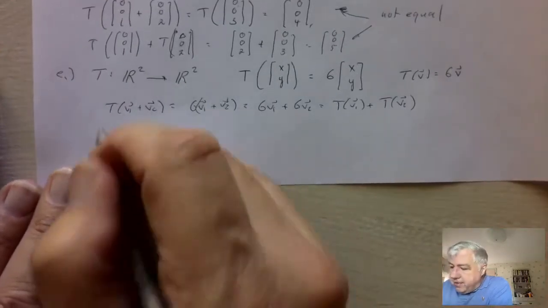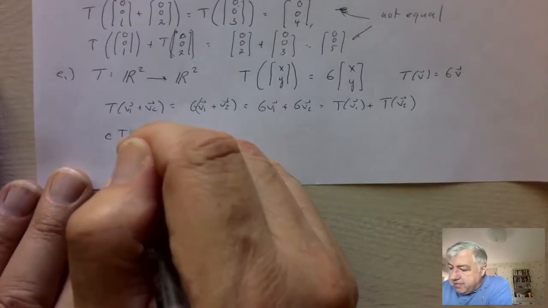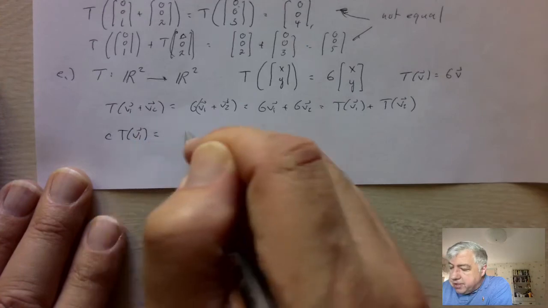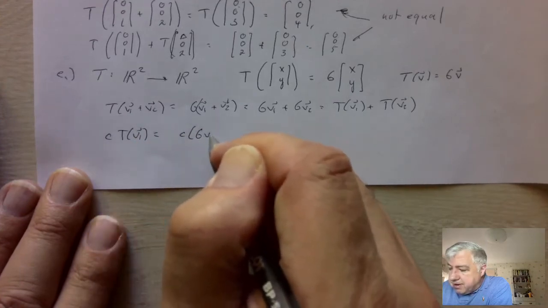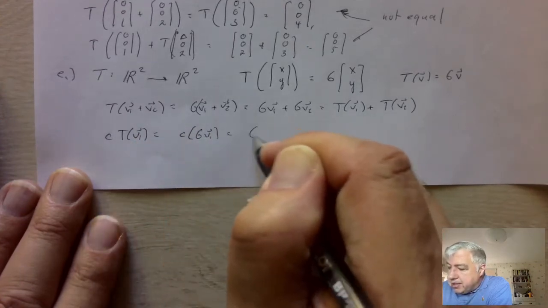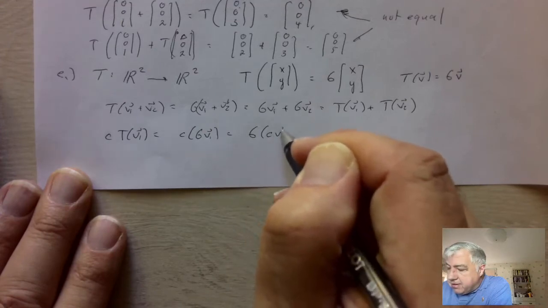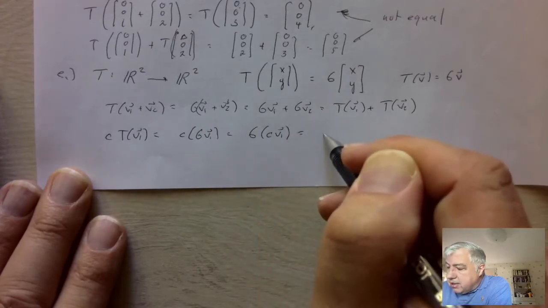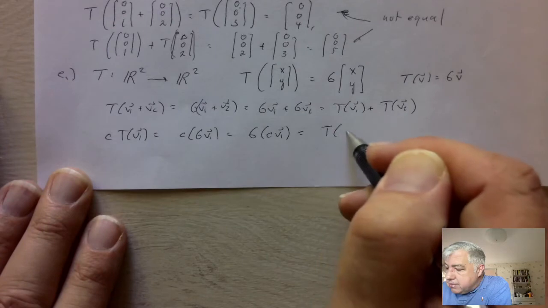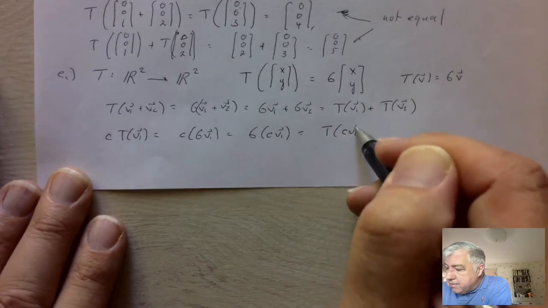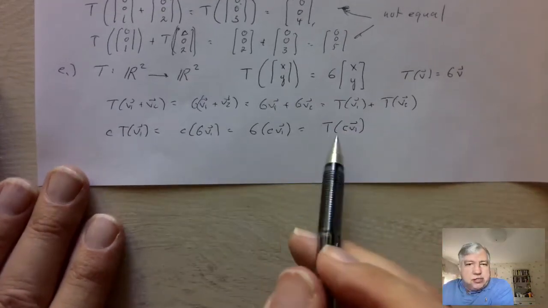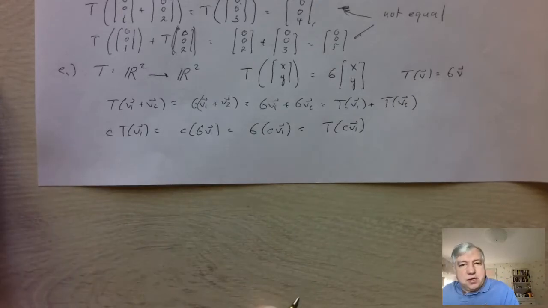And we also get that c times T of V1 will be c times 6V1, which of course will be 6 times cV1, which is T of cV1. I guess I did it in the other direction, but that's fine too.